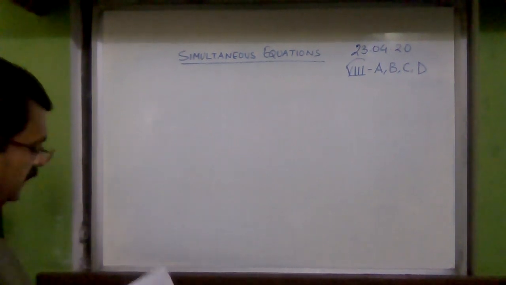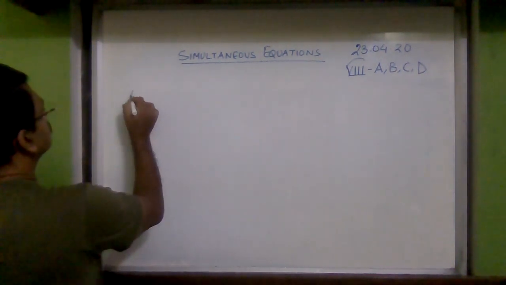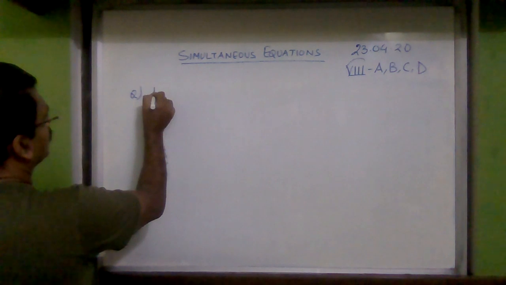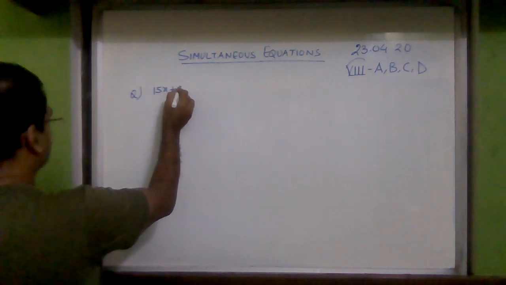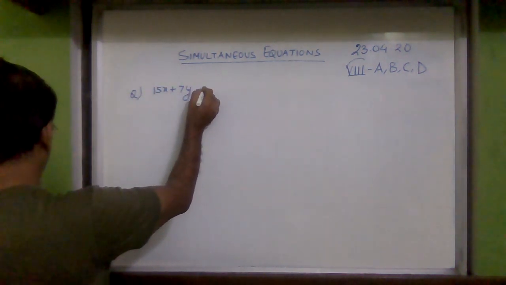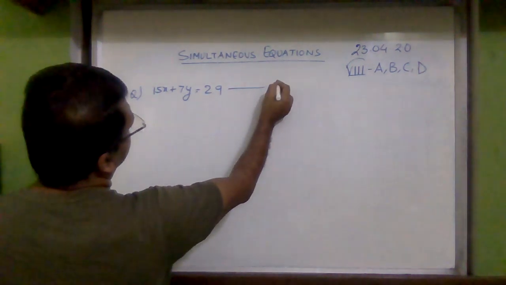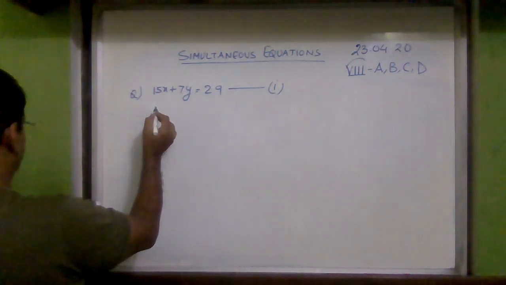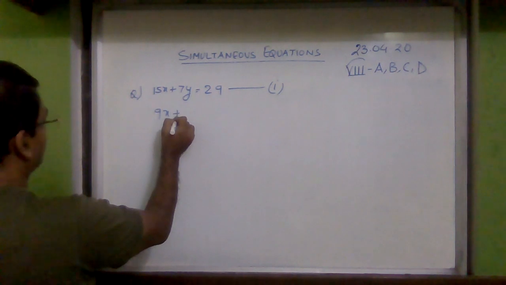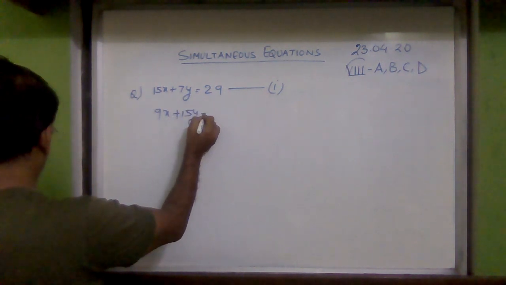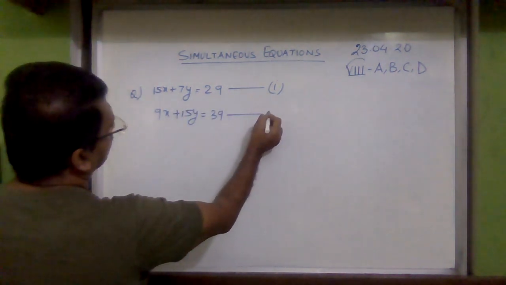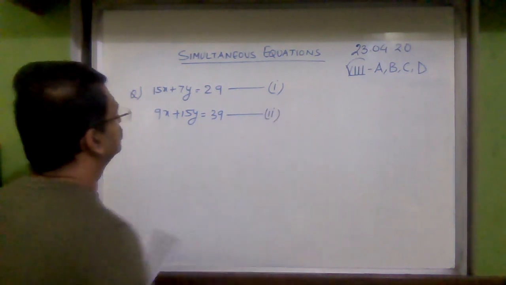The next example is 15x plus 7y is equal to 29. This is equation number 1. And 9x plus 15y is equal to 39. This is equation number 2.